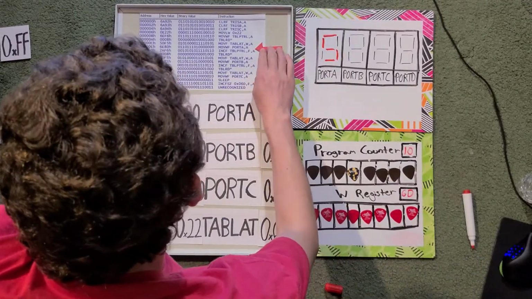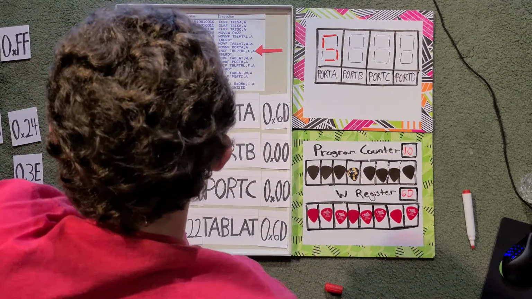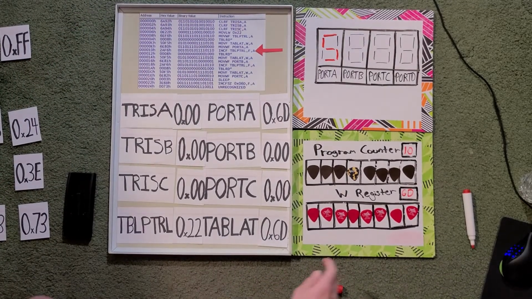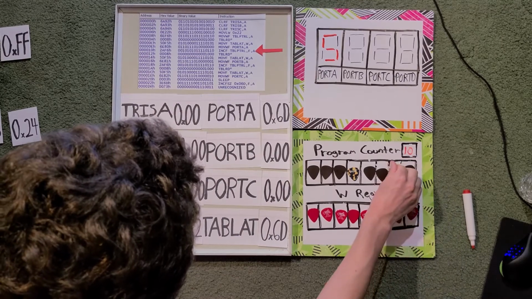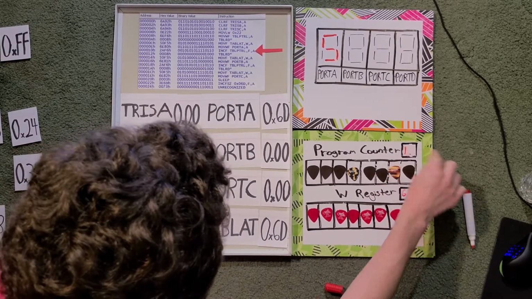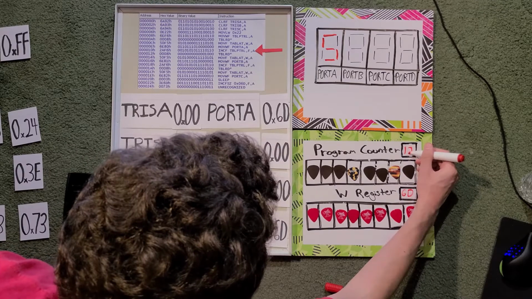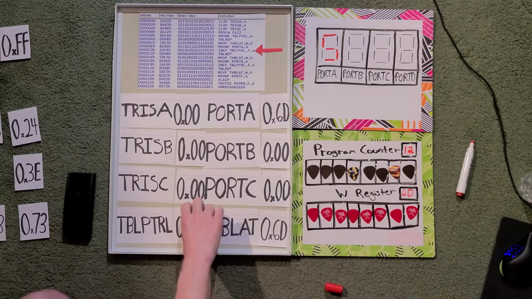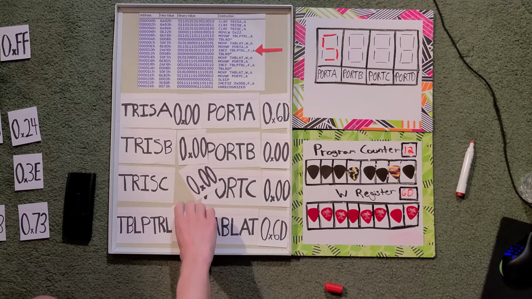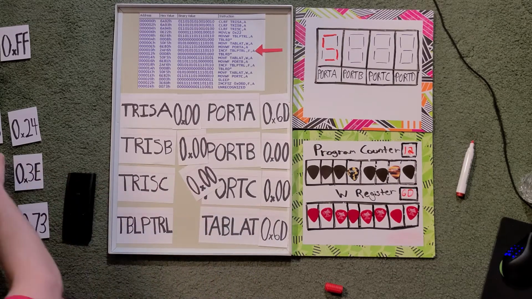Next step, we're going to increment the table pointer. Let's first increment the program counter before we forget to do that. Now it goes from 10 to 12. And now we're going to take the table pointer, make that 23.